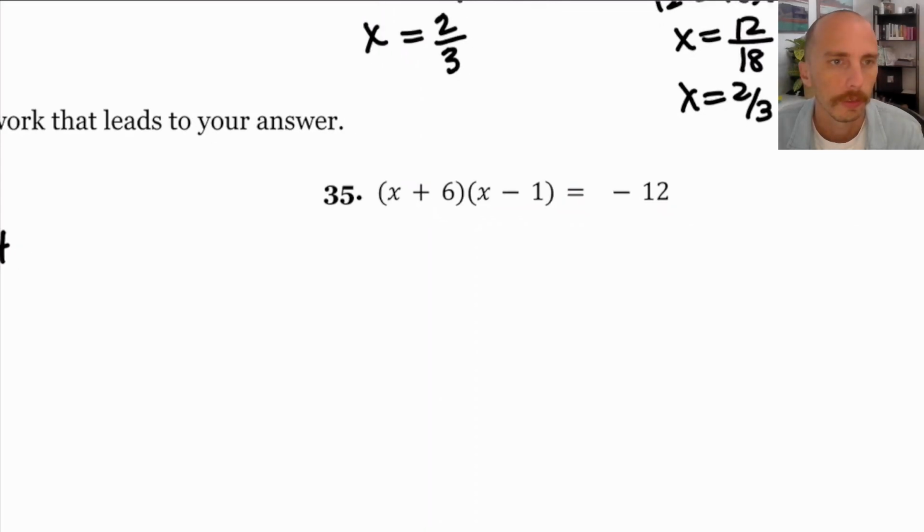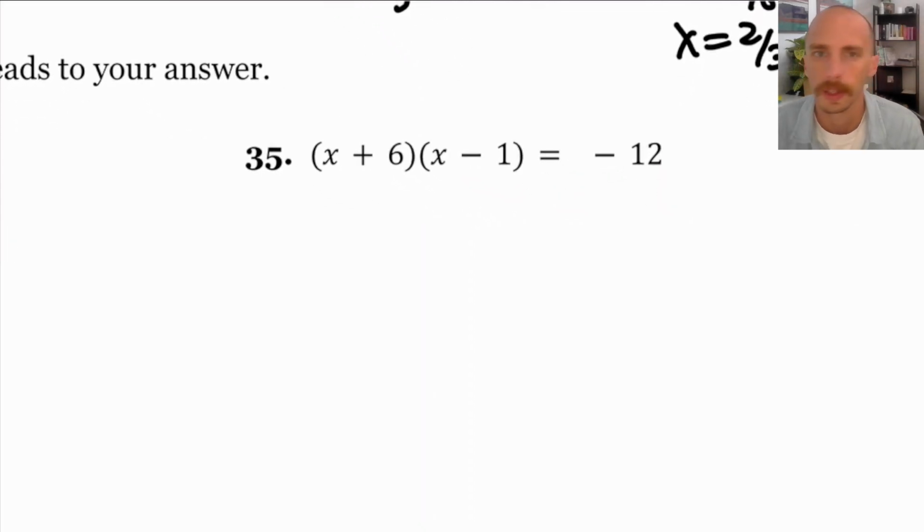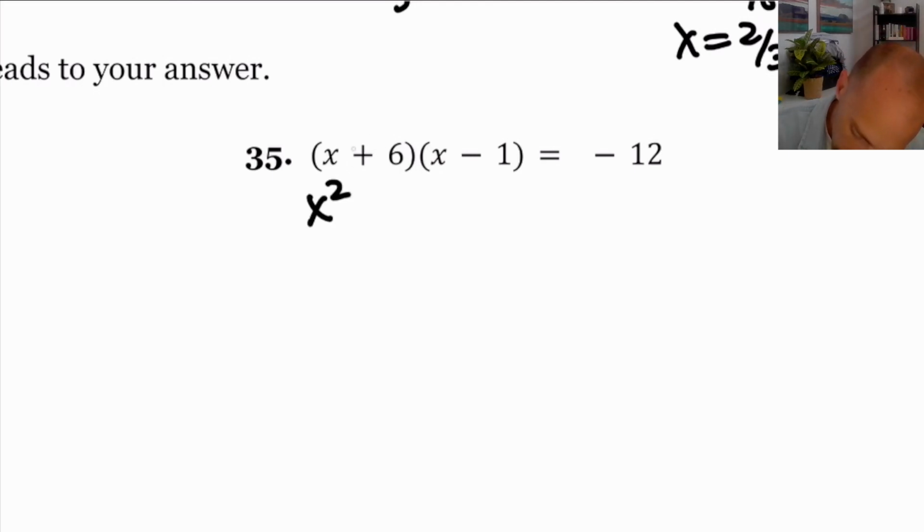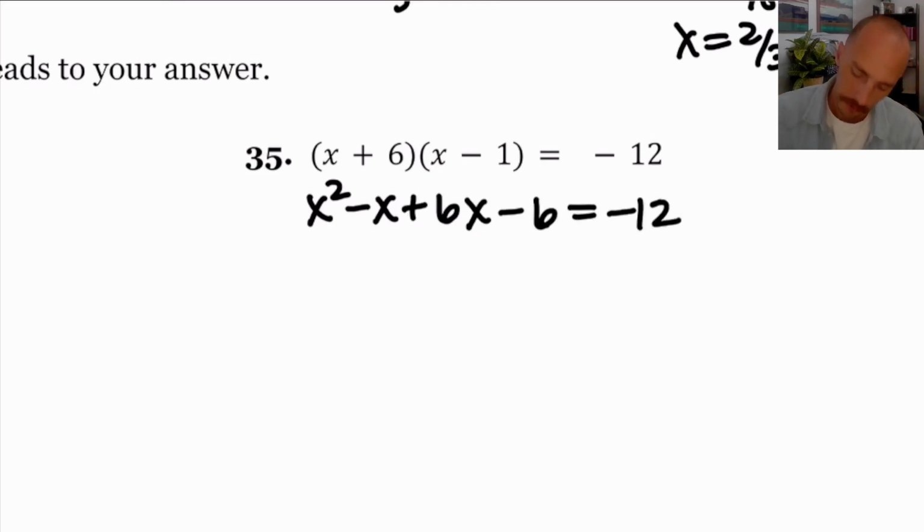Over here, I've got, again, the same idea. I'm going to need to distribute this out. X squared plus, or negative x inside would be 6x, and 6 times negative 1 is negative 6. Okay.